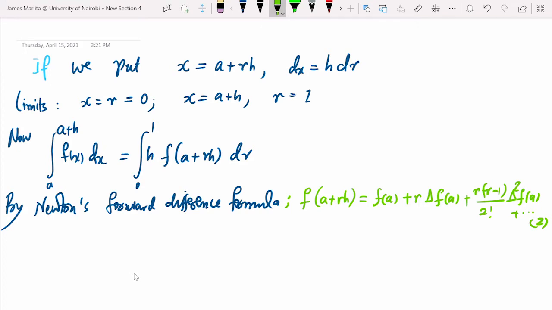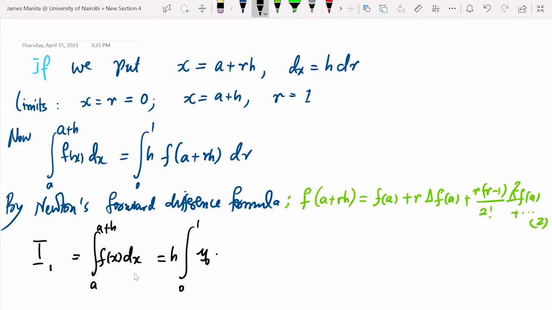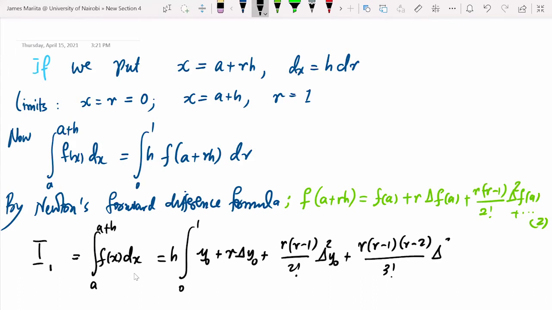We will have the first integral, I1, equal to the integral from a to a plus h of f(x) dx, and this will be equal to h times the integral from 0 to 1 of y naught plus r times the first difference, plus r(r minus 1) over 2 factorial, the second difference, plus r(r minus 1)(r minus 2) over 3 factorial, the third difference, and so on.